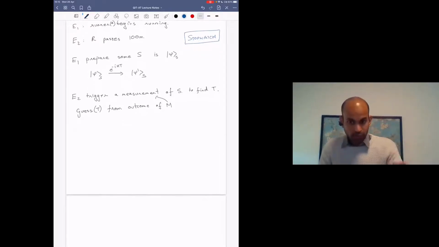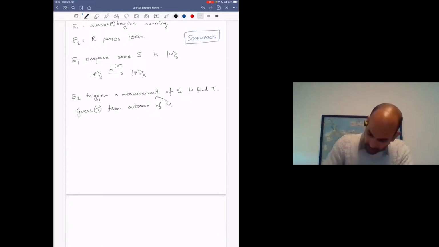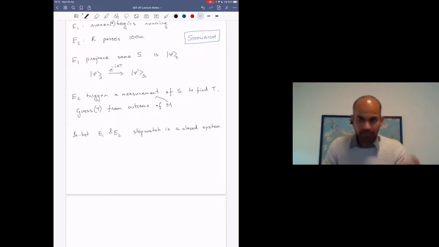But in the most fundamental definition of a stopwatch, this is not necessary. The stopwatch needn't tell you anything in between E1 and E2. So in between E1 and E2, the stopwatch is a closed system, undisturbed, evolving via its own Hamiltonian.